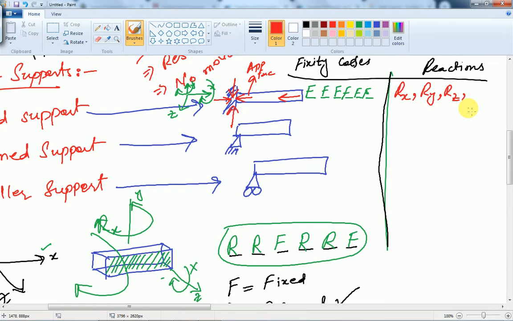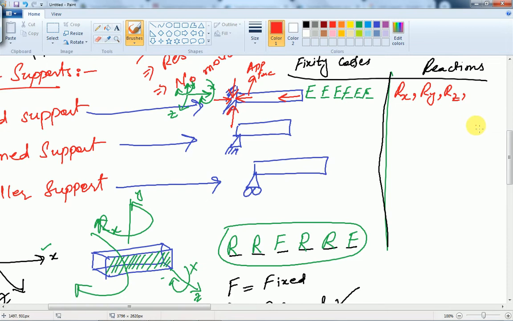What will happen if we try to rotate a body which is fixed at one end about the x-axis? If we try to rotate the fixed body about the x-axis, the body is not going to rotate, and the body will surely react.